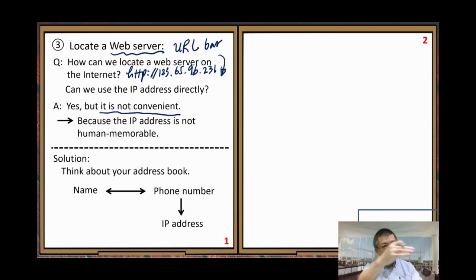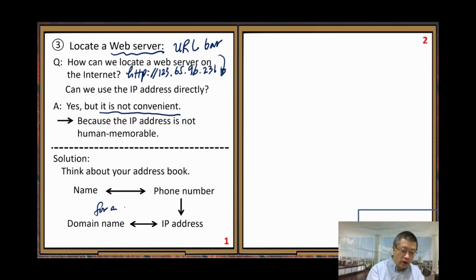Similar to phone numbers, you can imagine we organize IP addresses in a similar way, and corresponding to the name part, we create domain names. A domain name for one server.